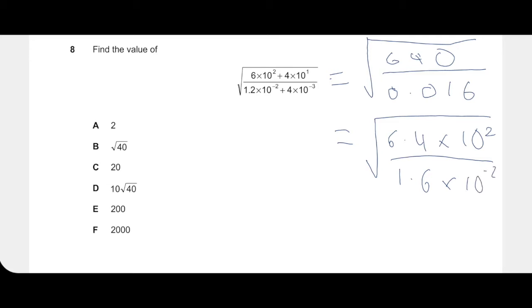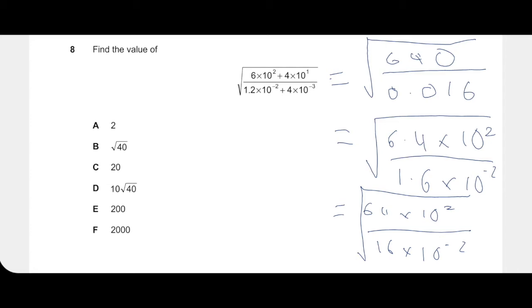And if I multiply the top and the bottom by 10 inside the fraction, the overall fraction will remain the same. So that will be 64 times 10 to the power of 2 over 16 times 10 to the minus 2, all square rooted.